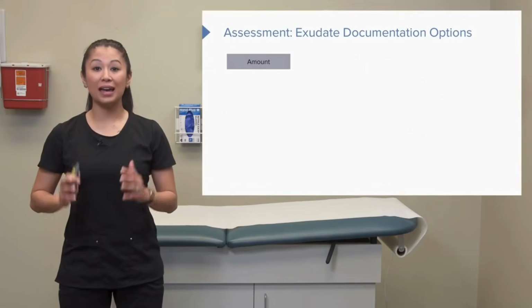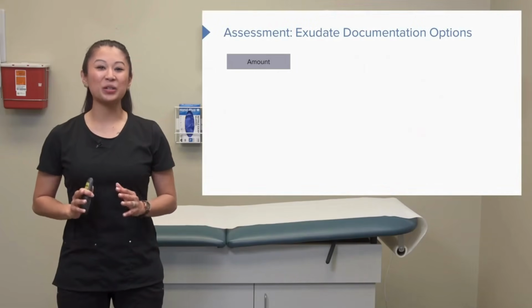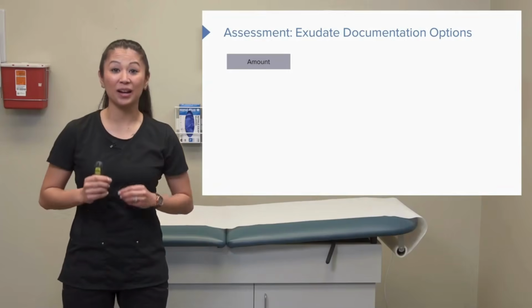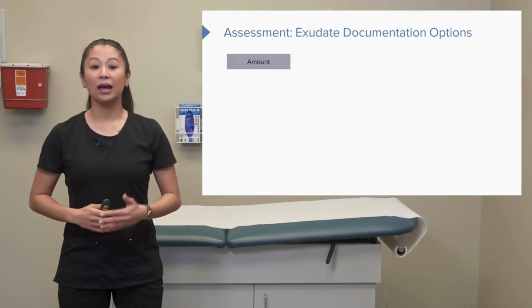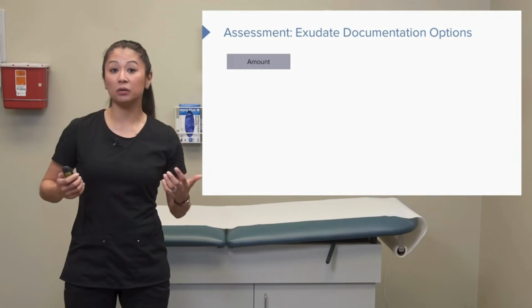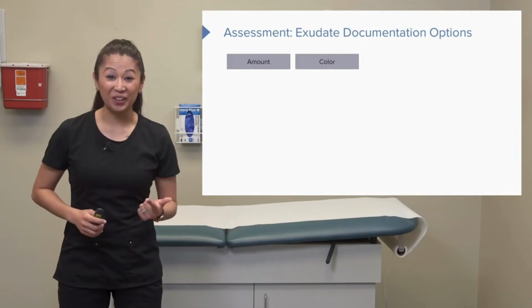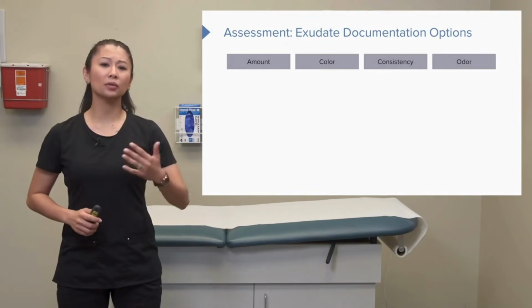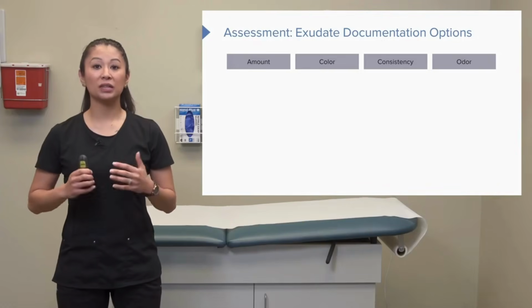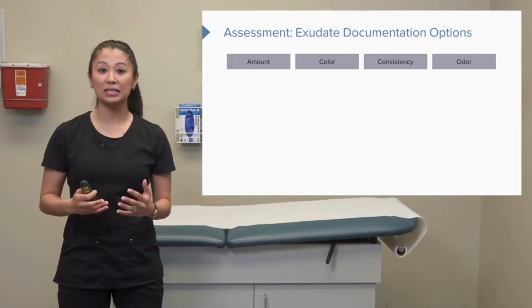So we're talking about exudate. It's really important to know your exudate, and we classify about 4 different categories. How much exudate, otherwise known as drainage, there is, what color it is, what consistency it is, and the odor. So let's talk about the amount. This is important in documentation and assessment.